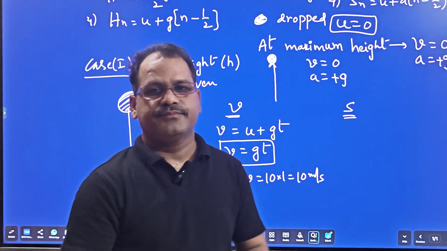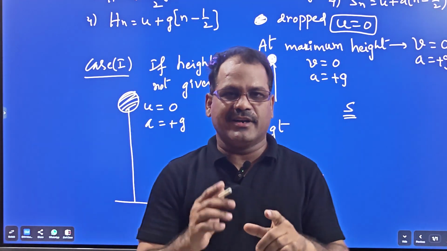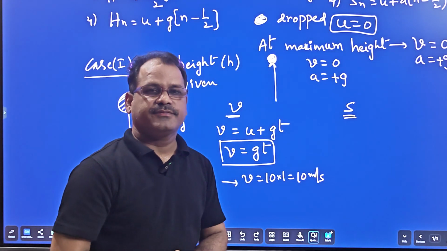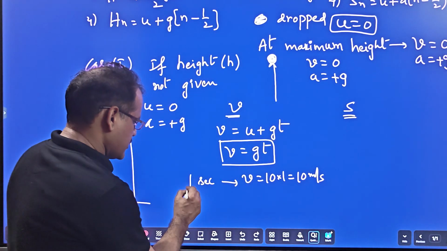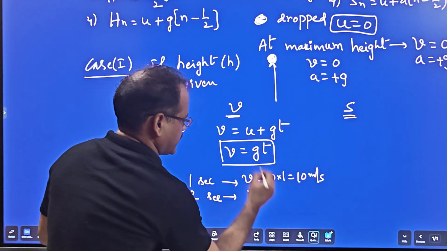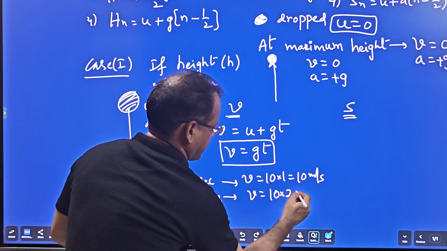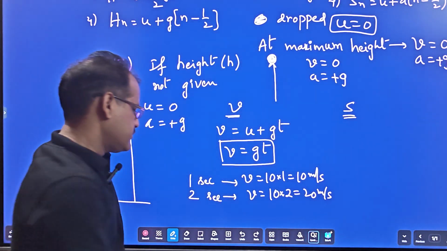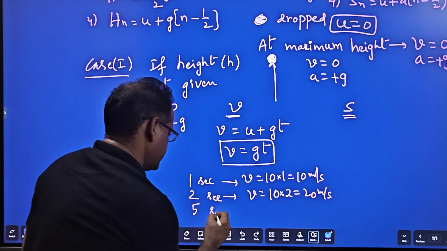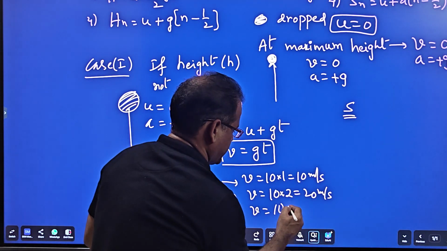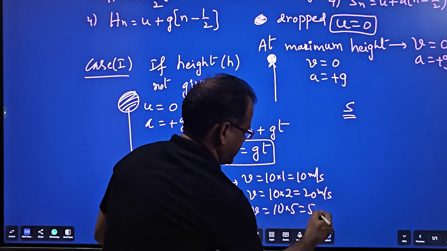Whatever the height, if the object is dropped, we should immediately understand that the object gets 10 meter per second after 1 second. After 2 seconds, how much? V is equal to 10 into 2, 20 meter per second. After 5 seconds, V is equal to 10 into 5, 50 meter per second.